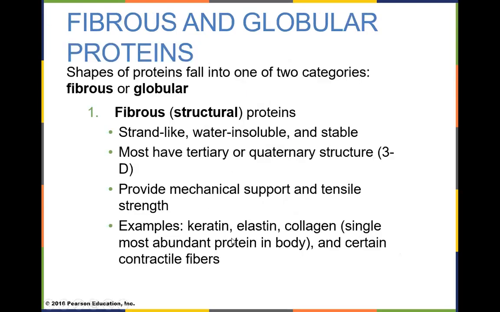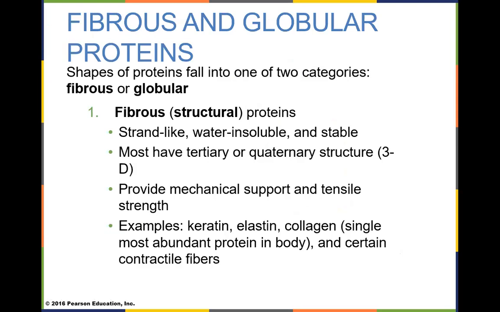Now, if you're a protein, you come in 2 ways. You're either fibrous, which is usually structural, or globular, which is squishy. The fibrous proteins, if you eat beef or chicken or fish or any kind of vegetable protein, you are usually consuming fibrous proteins.